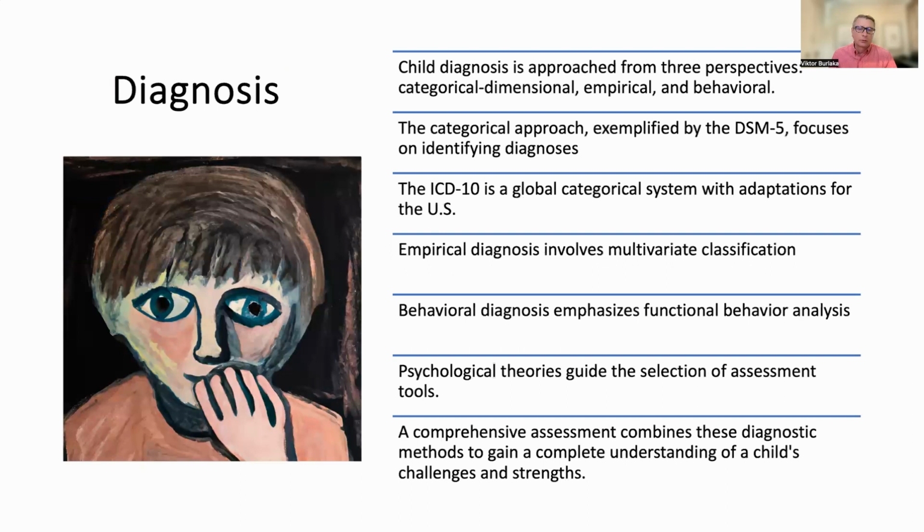We will explore child diagnosis from three perspectives: categorical, dimensional, empirical, and behavioral. The categorical approach, exemplified by the DSM-5, aims to definitively identify diagnosis using established criteria, now incorporating a dimensional approach for greater precision.